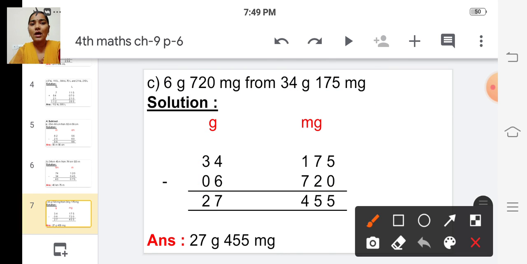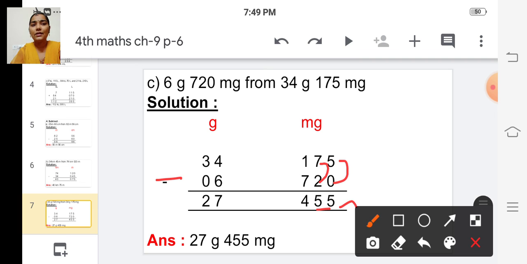Now we are going to subtract these two weights, starting from the right-hand side. 5 minus 0 is 5, and 7 minus 2 is 5.